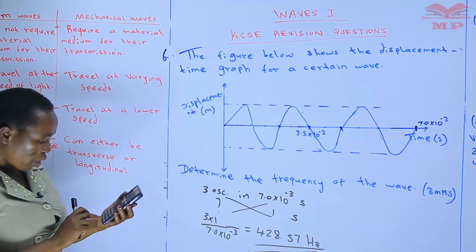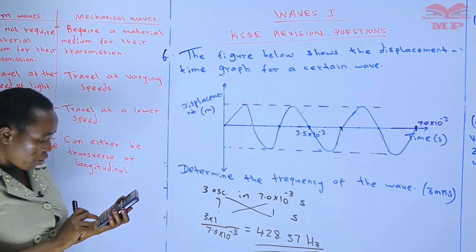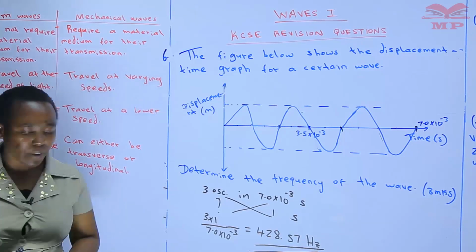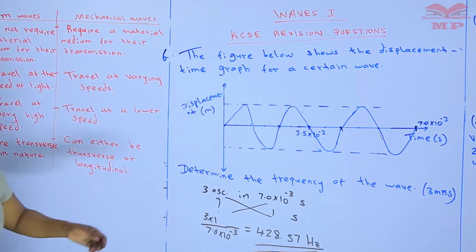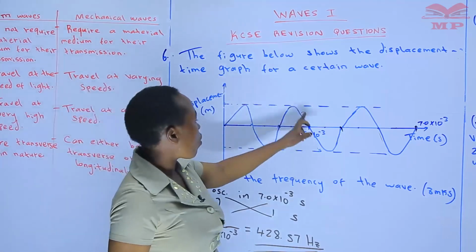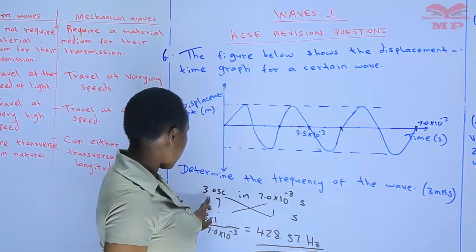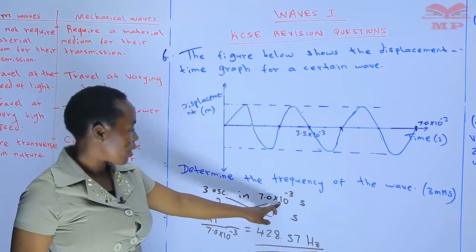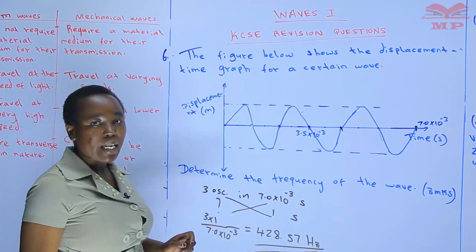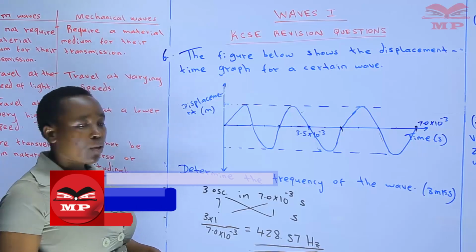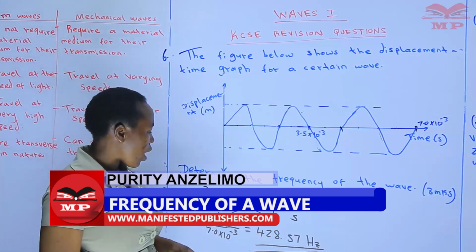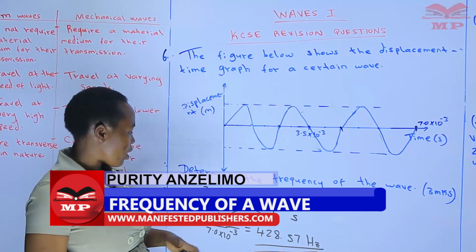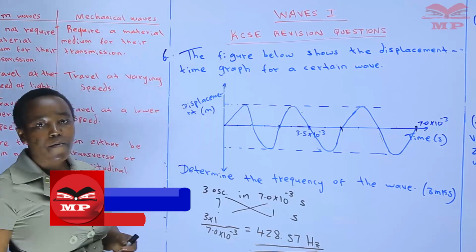So because the number of complete oscillations here are 3 in 7.0 times 10 power negative 3 seconds, in 1 second we want to know the oscillations. There will be 428.57 Hertz. So that will be our frequency.